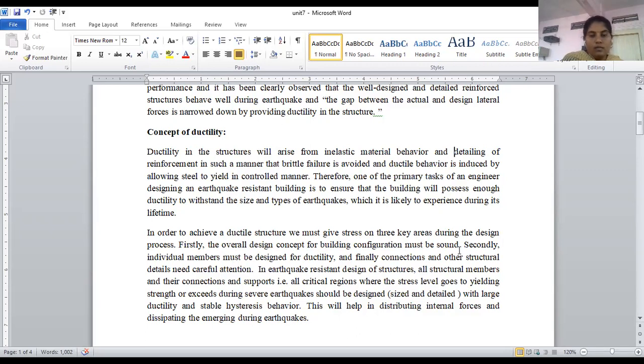Secondly, individual members must be designed for ductility, and finally, connections and other structural details need careful attention.